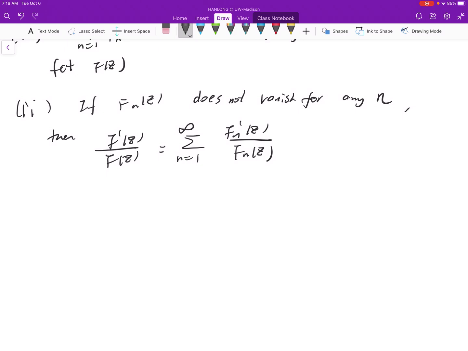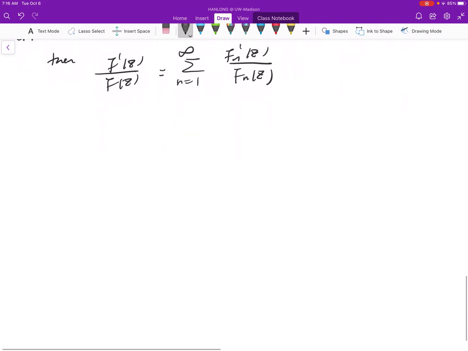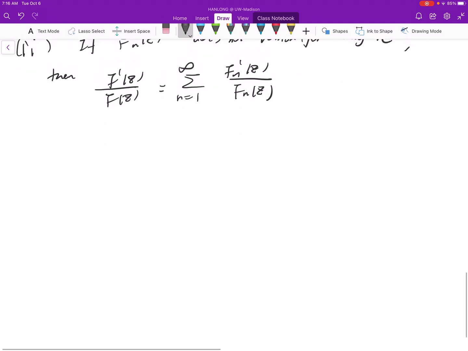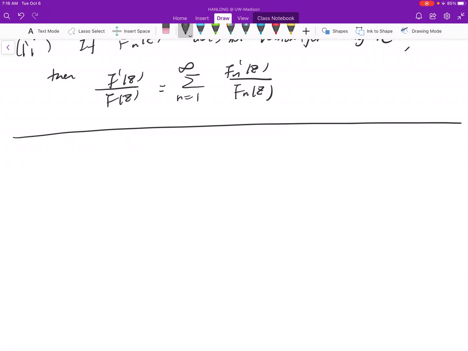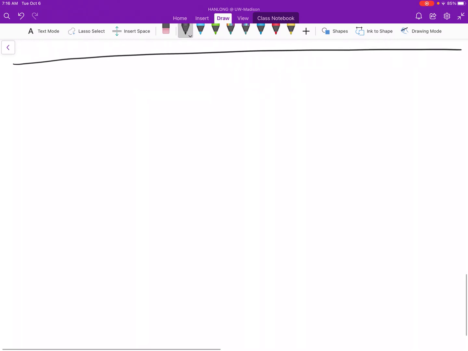We will not prove this here. Now we apply this to some interesting functions. First, we will show that pi cotangent pi z has a partial fraction expansion.